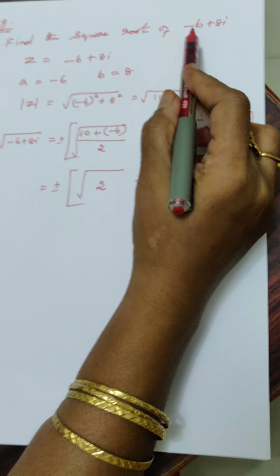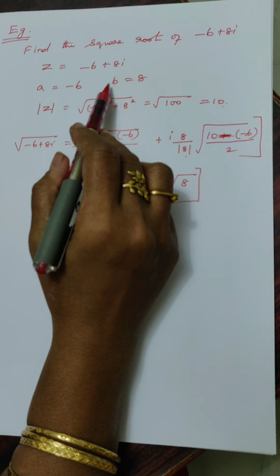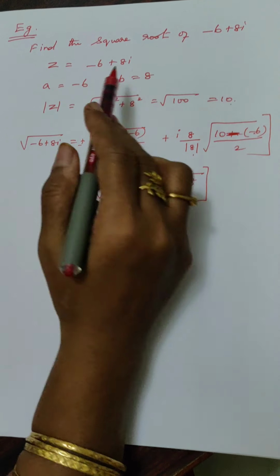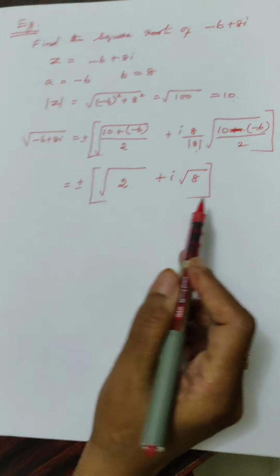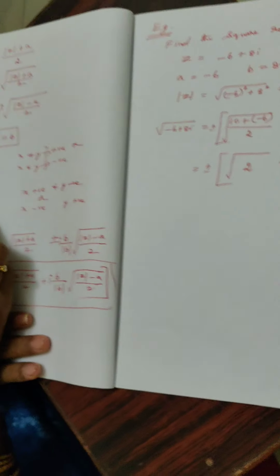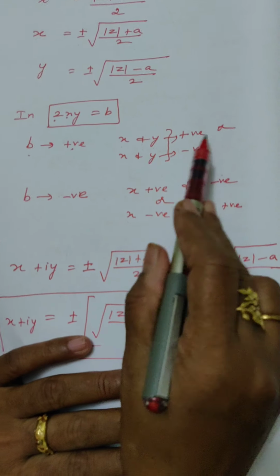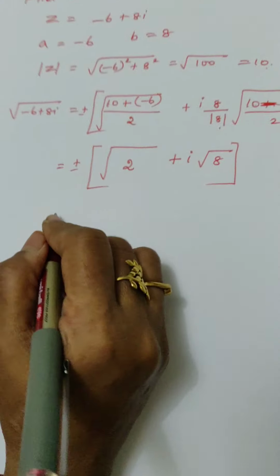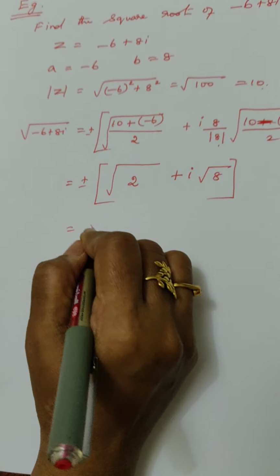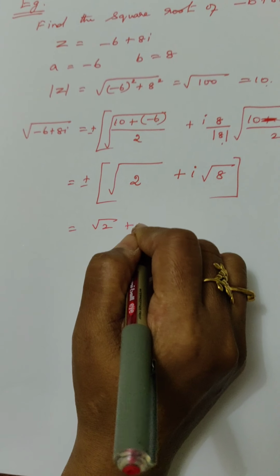See here, x is b, 2ab. b is positive. b is positive means both should be positive and both should be negative. Since b is positive, x and y should both be positive or both be negative. So the square roots are root 2 plus i root 8.